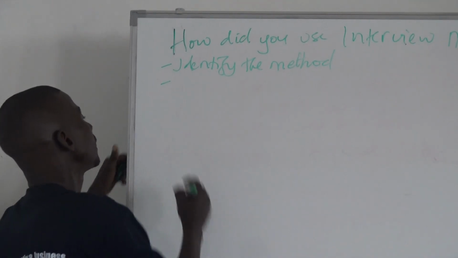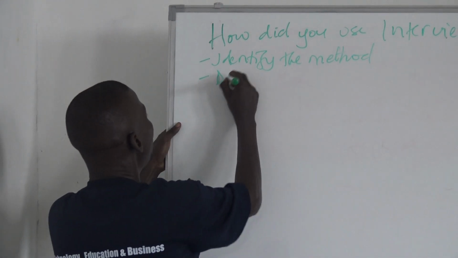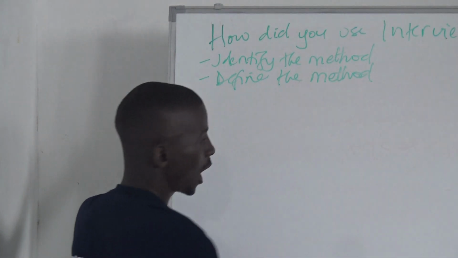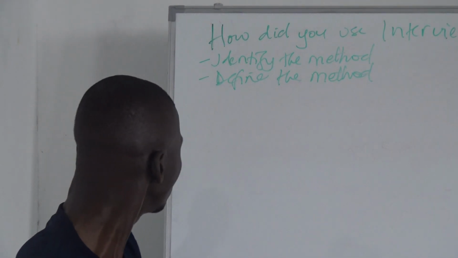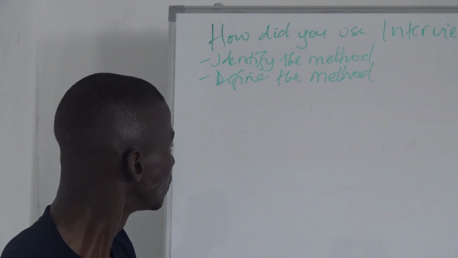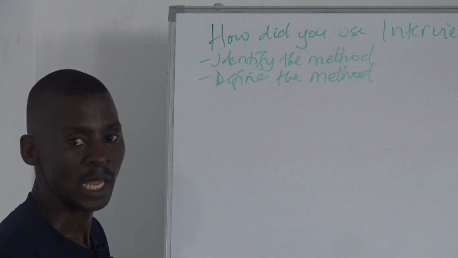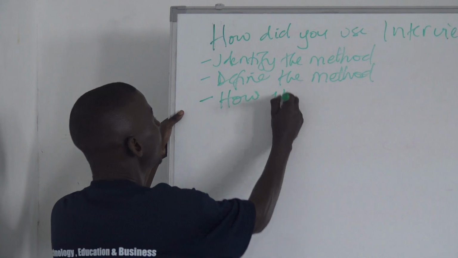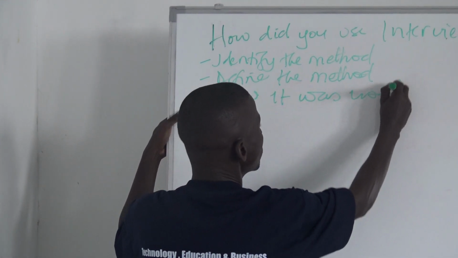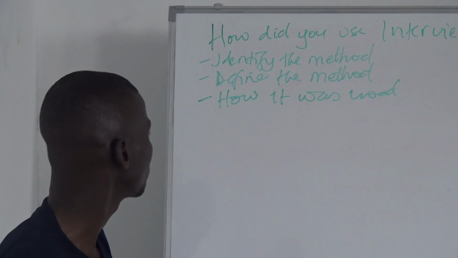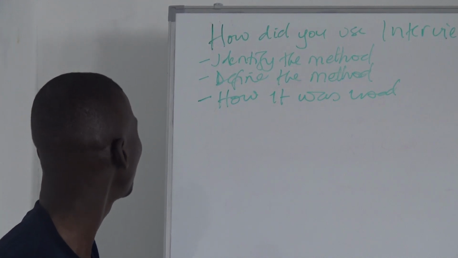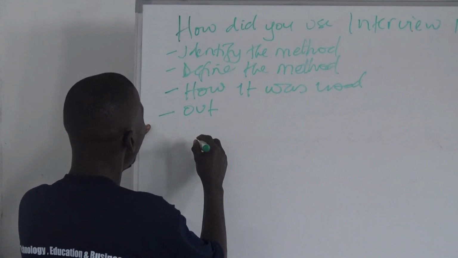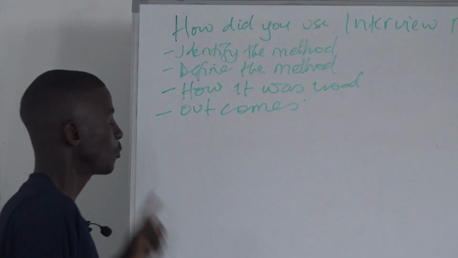After identifying the method, define it. Define the method. I have already defined it for you. The method of data collection. After defining, tell the examiner how it was used. Of course, we answer in a past tense form. How it was used, and then, after using it, what were your outcomes?